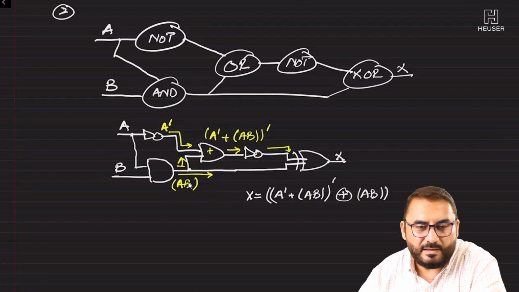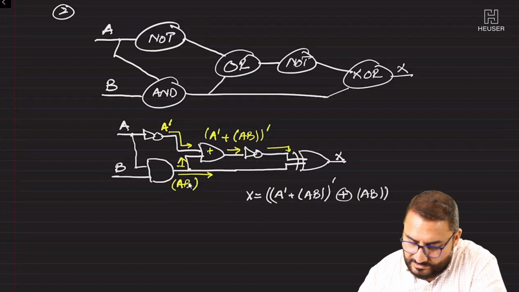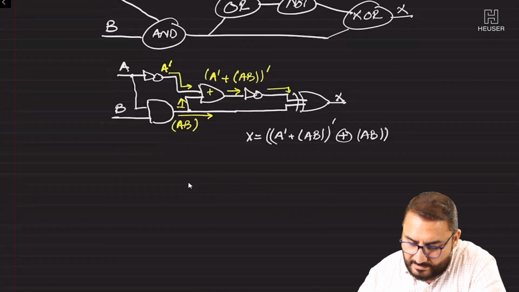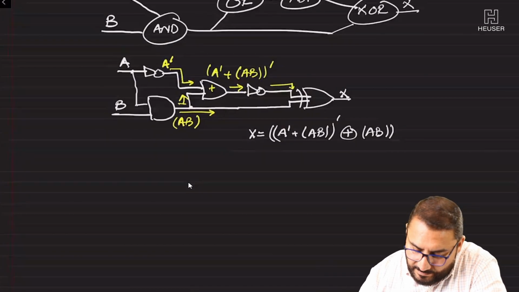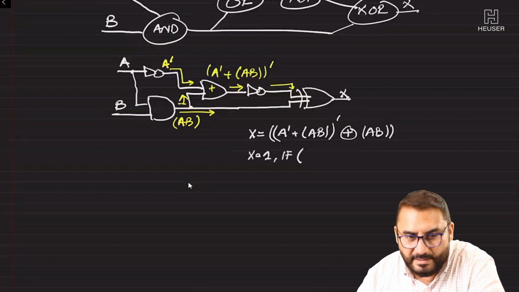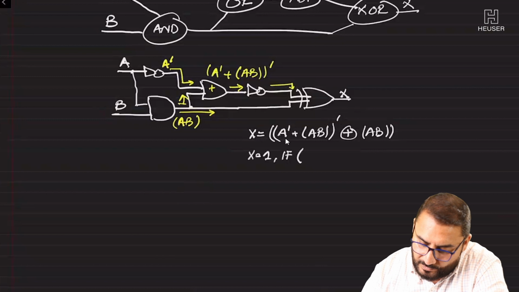So this is our mathematical equation. How would we write this now as a Boolean expression or logical expression? That will be X is equal to 1 if bracket start, and this not will be before the next bracket.